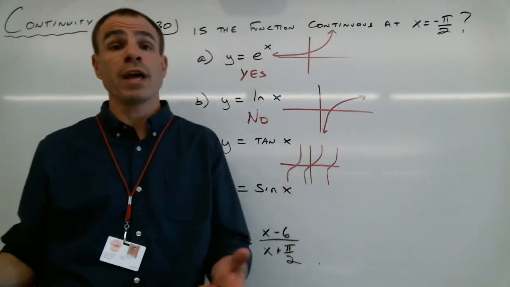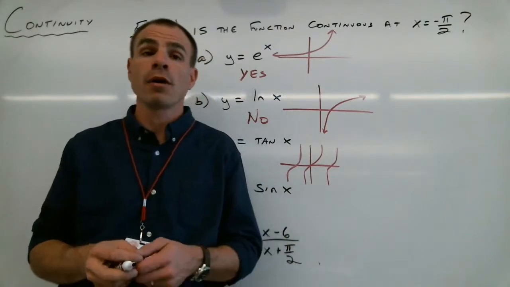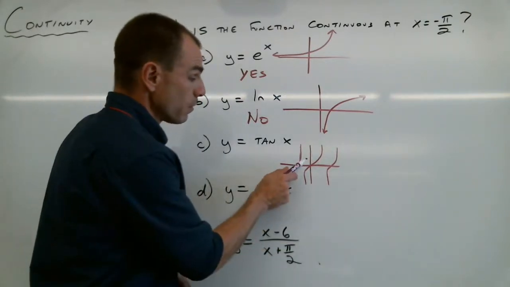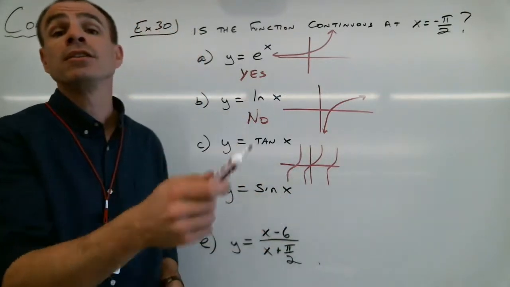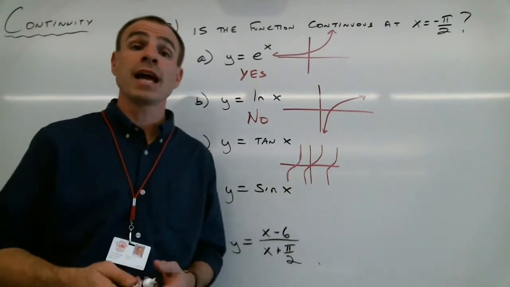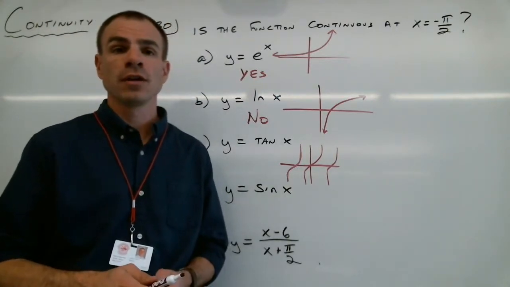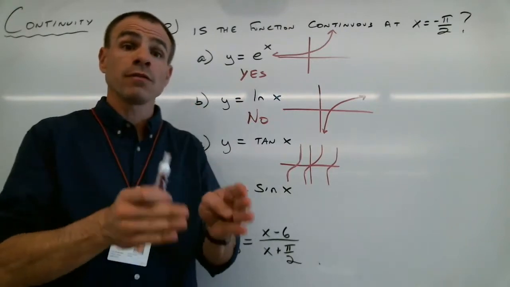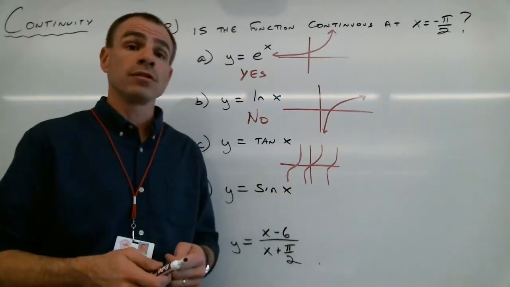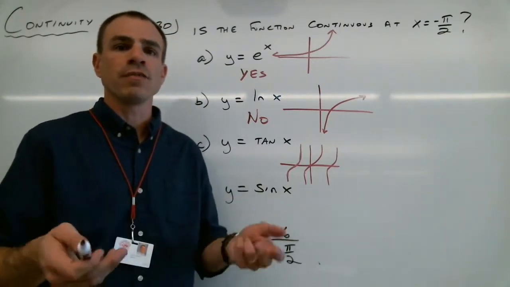I just drew that interval, and I didn't pick my marker up off the board. But to get from this interval to this interval, now my marker does have to come off the board. So tangent has a bunch of discontinuities. All right, it's continuous for particular intervals, and it has various points of contention, various discontinuities.